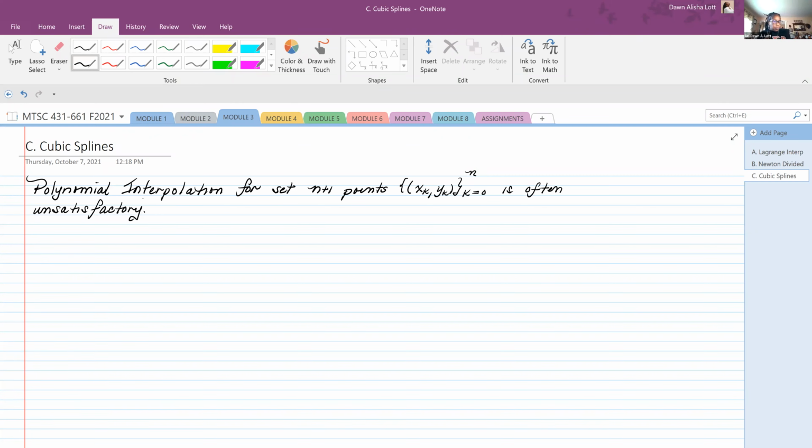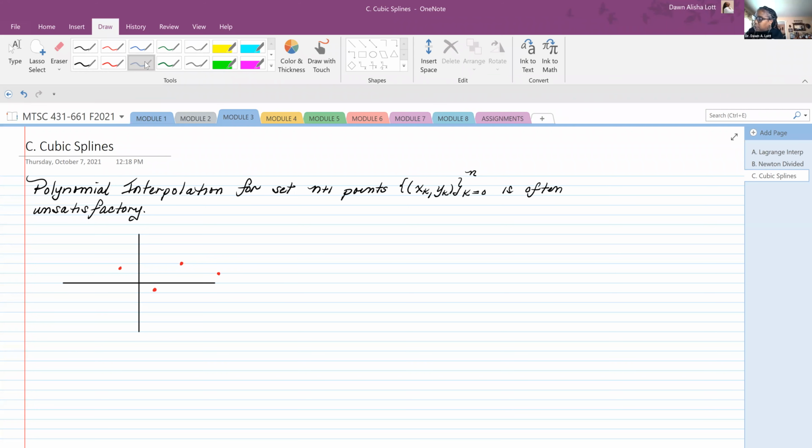So sometimes you may have something like this, and you have maybe a point here, and a point here, and a point here, and a point here. And so this is going to have to be a cubic polynomial. All right, so n plus 1.